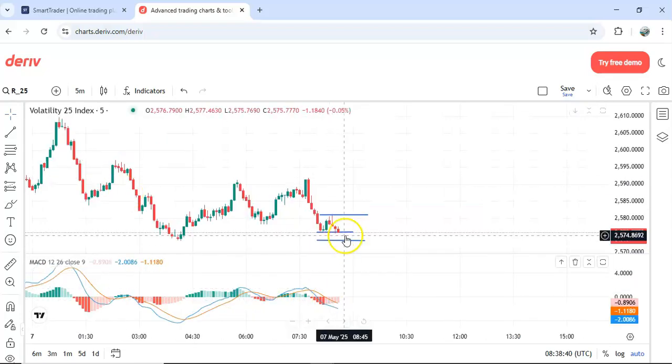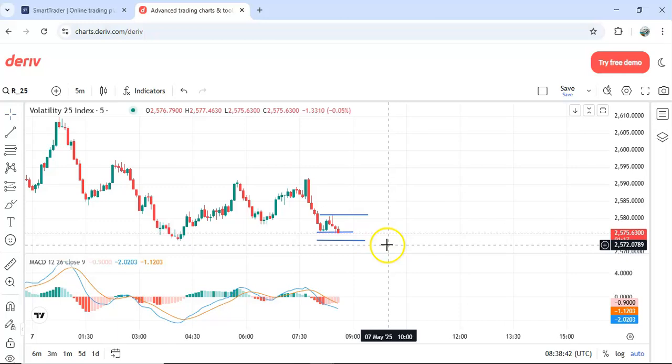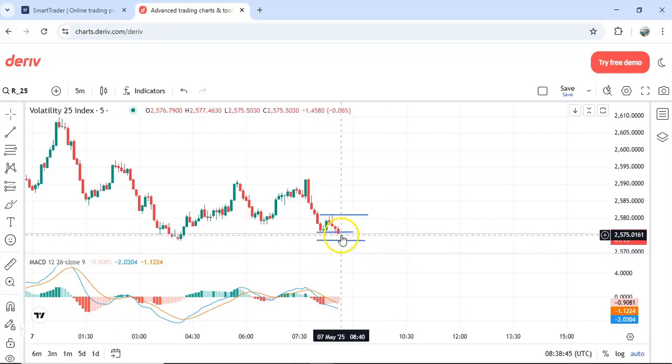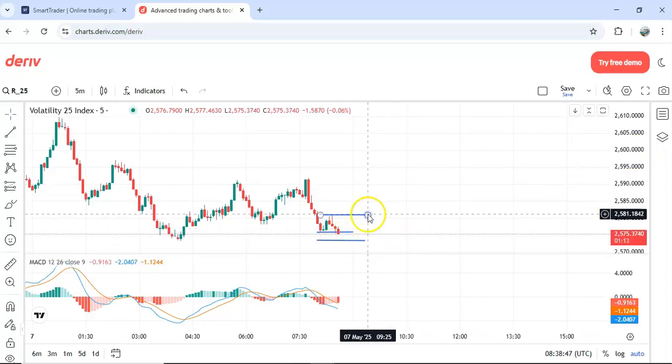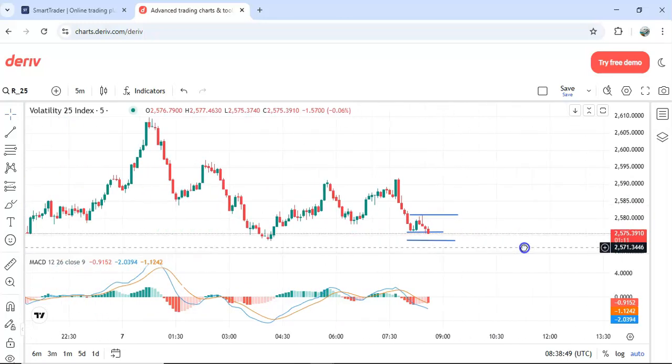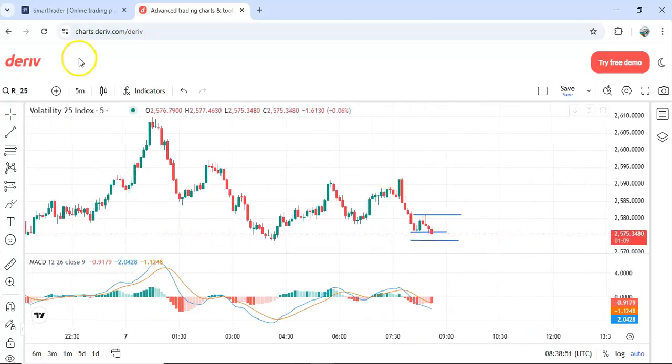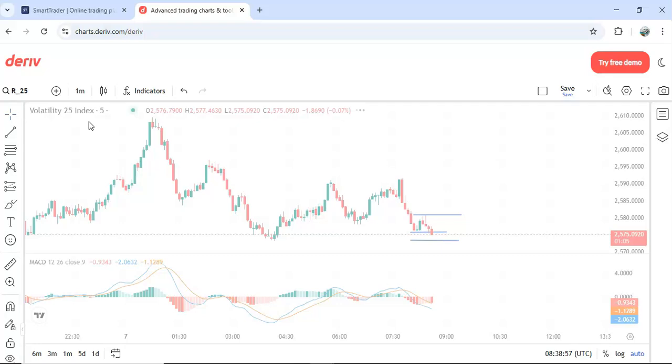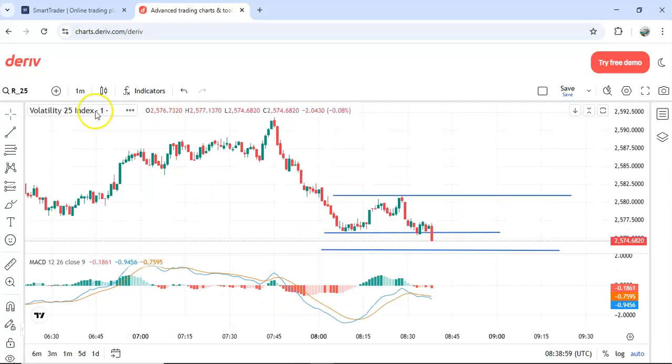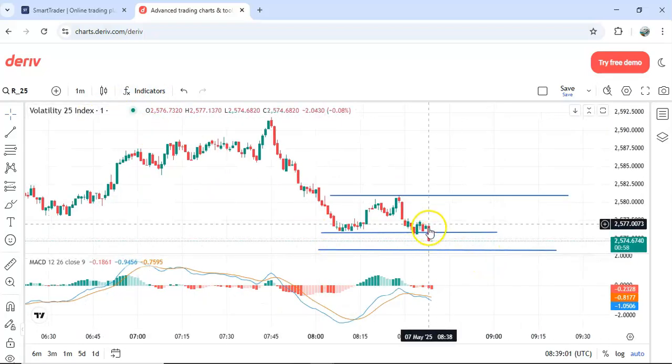We need to switch back to the Deriv. So let me go back to 5 minutes and see how the market is reacting so that we can proceed. See, this is still a fall market, but even if it falls, it needs to come back and retest.